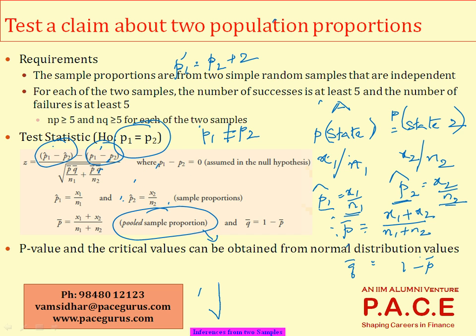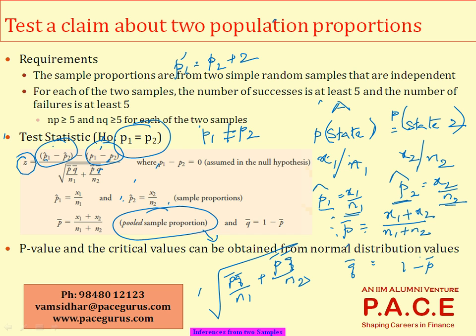Our standard error is the square root of p bar q bar by n1 plus p bar q bar by n2, because we have taken two different samples of two different sizes, but in both cases we use p bar, the pooled proportion, and using that we arrive at the standard error of the entire two sets of samples. So the standard error is going to be this much.